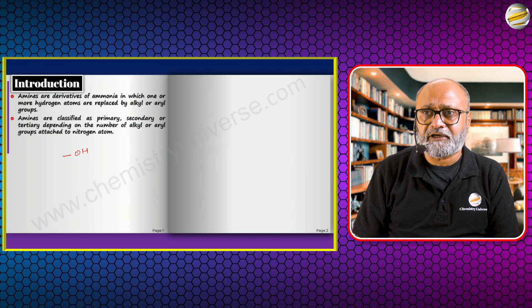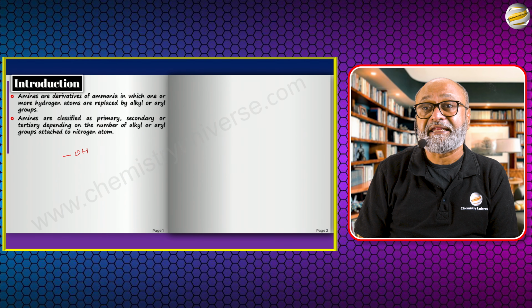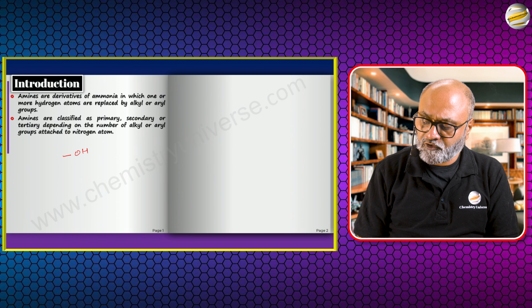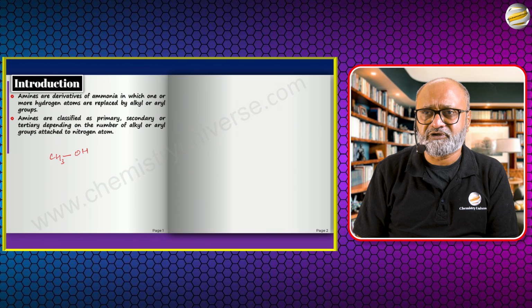Now, the nature of the alcohol, primary, secondary or tertiary, is defined based on the nature of the carbon which contains this OH. So if it is only methanol, well, it is simply methanol. It is not primary, secondary or tertiary because this carbon is neither primary, secondary or tertiary.